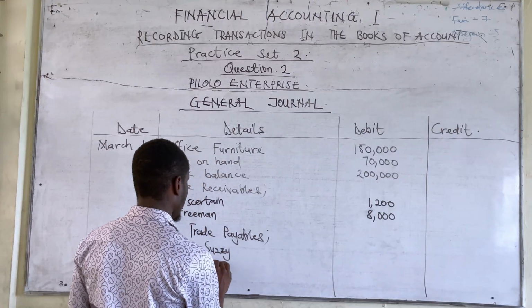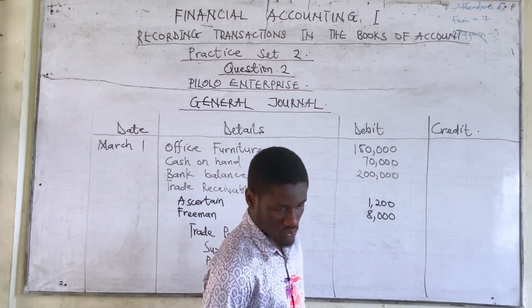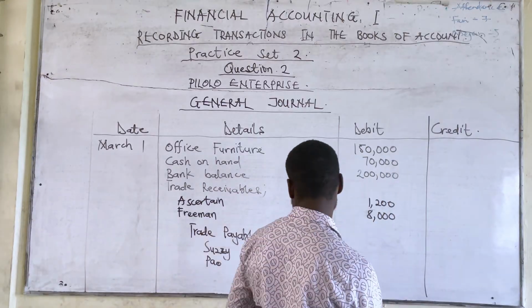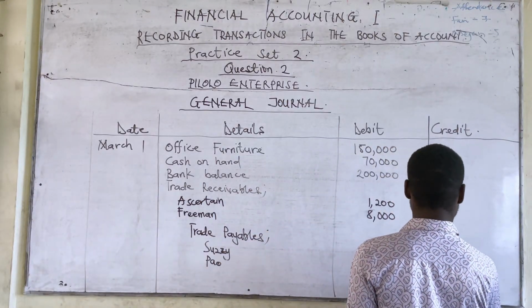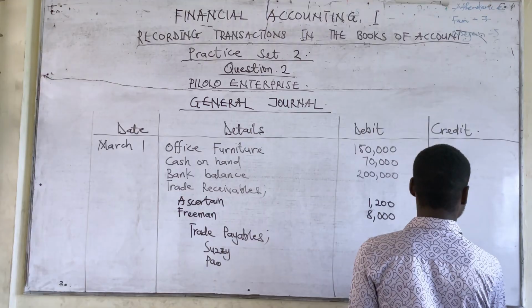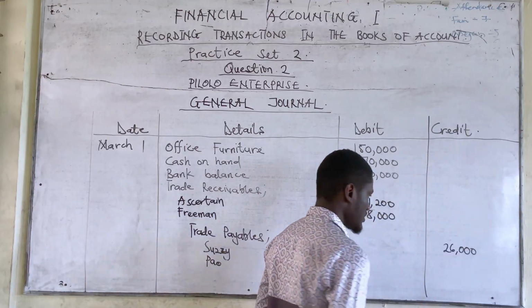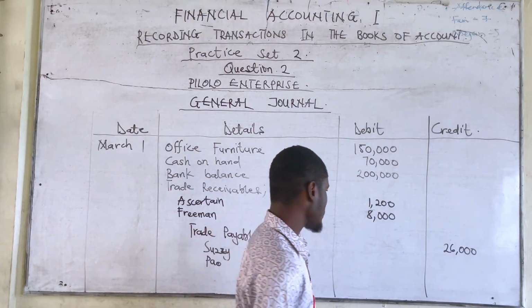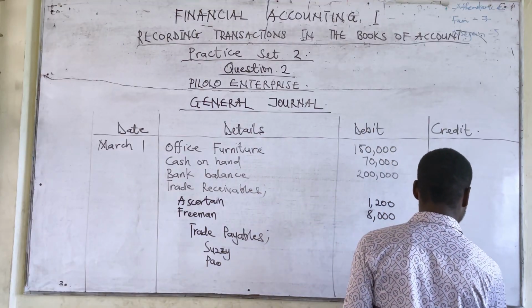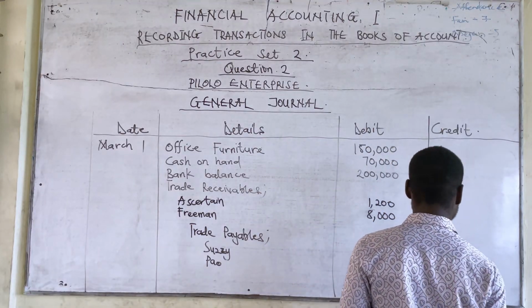Susie had a balance of 26,000. So as at March, they're owing Susie 26,000 and Paul 14,000.